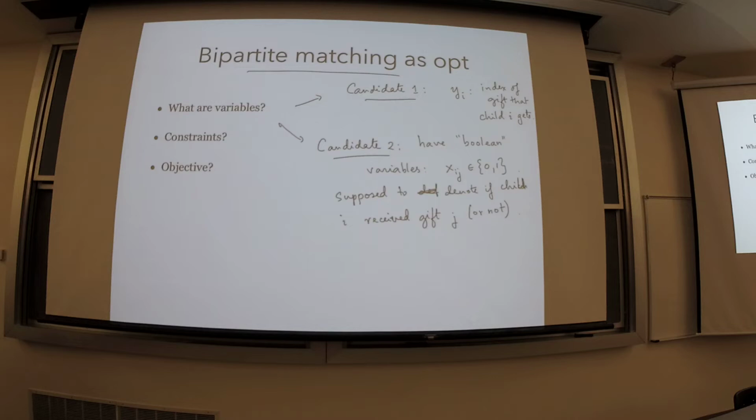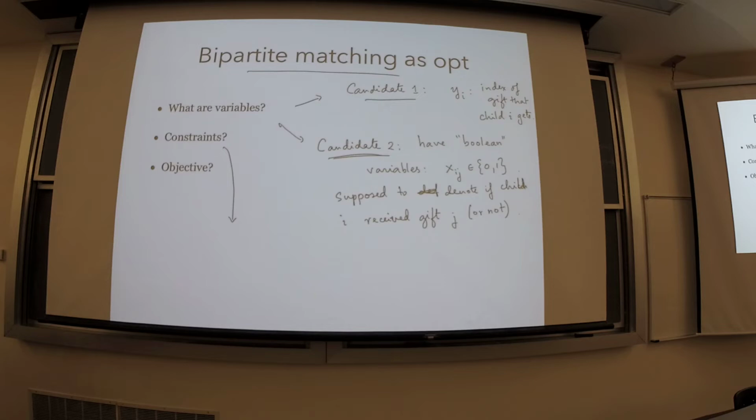All right. And now you can think of constraints. So I will go with candidate 2 because I think candidate 1 will be a bit tricky to write constraints for. You'll have to say that when i is not equal to j, yi is not equal to yj, something like this. And then the objective becomes a bit more tricky to write. Okay. So let's go with candidate 2 for now.